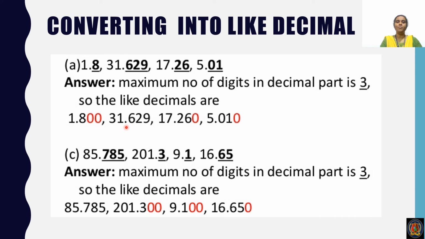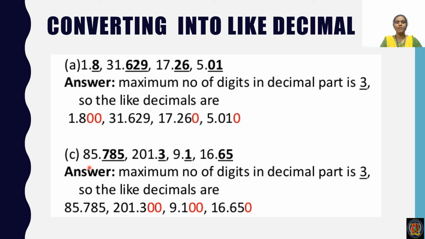And 31.629 is written as it is, and to 17.26 we add 1 zero so that it will have 3 decimal places, 17.260. To 5.01 we add 1 zero, it becomes 5.010. Now all the numbers have 3 decimal places and they are now like decimals. So we have converted the given unlike decimals into like decimals.